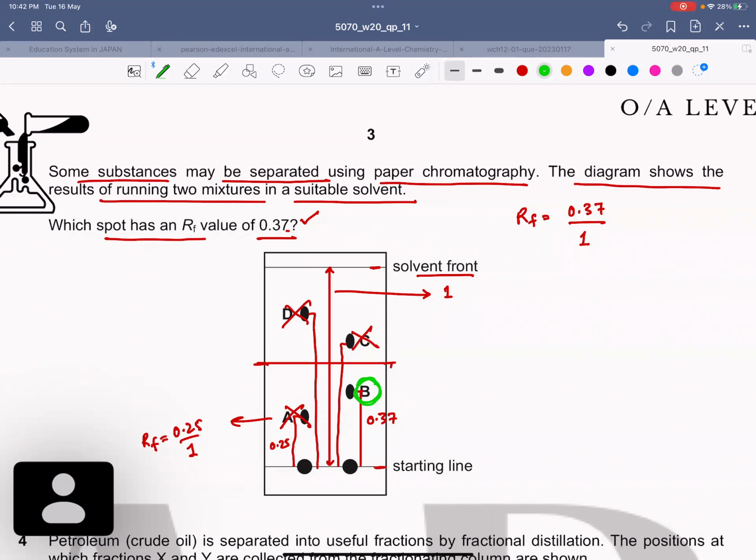Okay. So in MCQs, the chromatography questions are like that. For example, here they have asked you to find which spot has an RF value of 0.37.